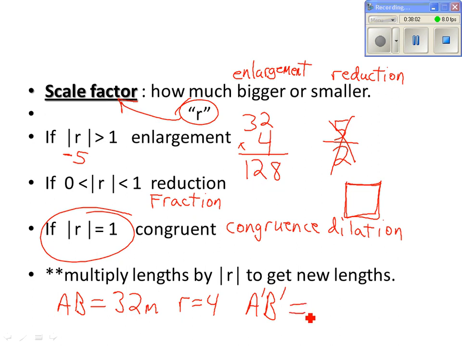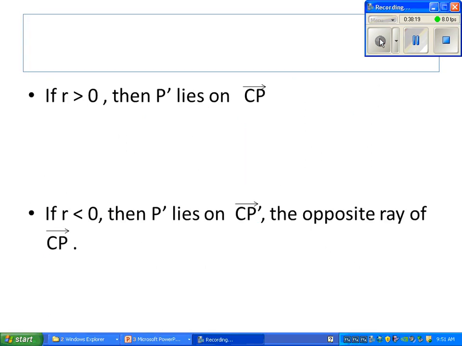So what's the new length of A prime, B prime? 128 meters. So if you're wanting to change a length to the new length, you just multiply by the scale factor. I'll give you a minute to write this down.